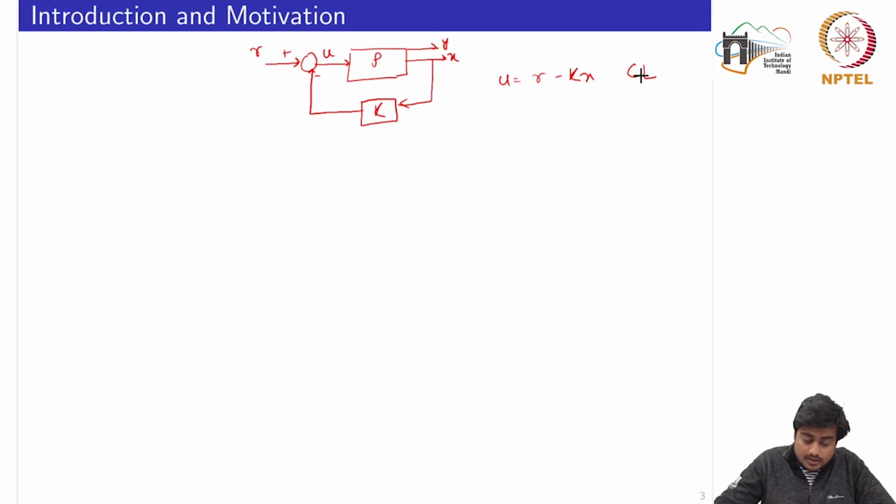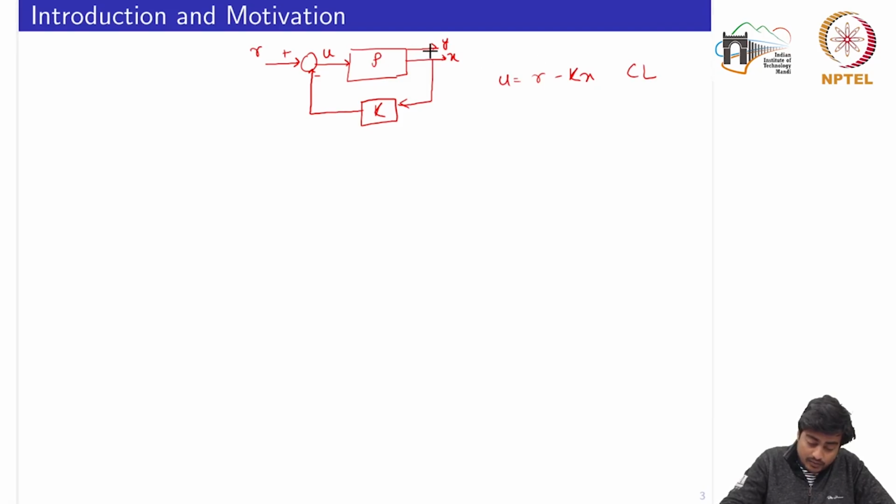In this controller design or state feedback mechanism, we see that in the control law we need the information about the state variable. Now we have said a number of times that this state variable is an internal variable, and many times it might be possible that this X might not be directly available.